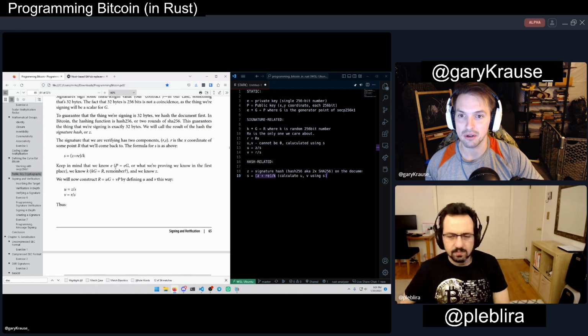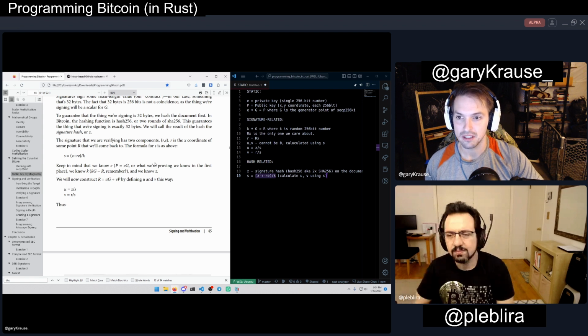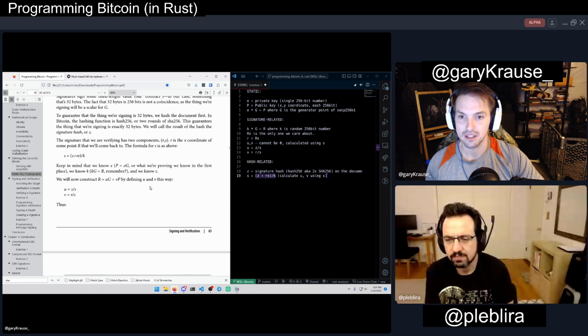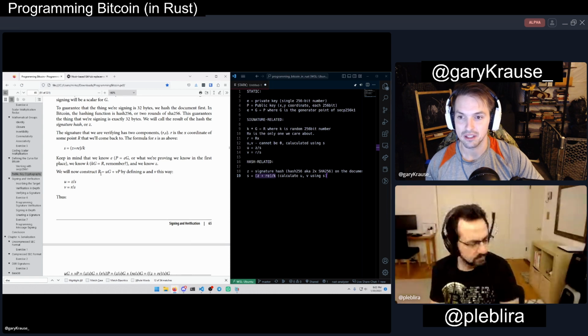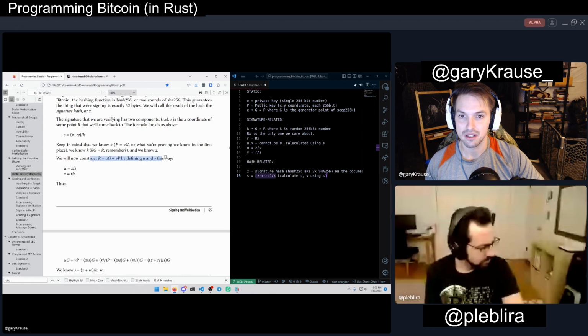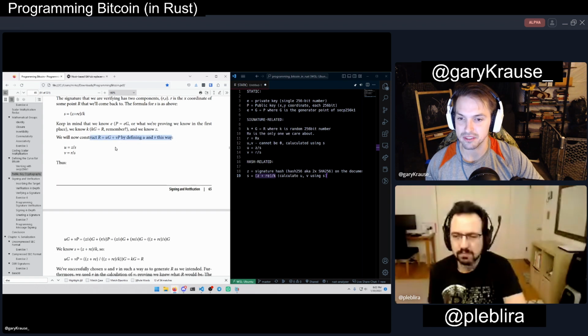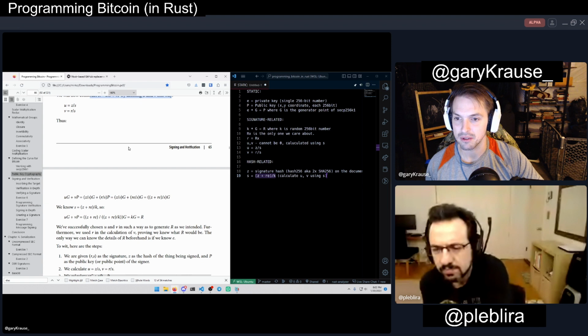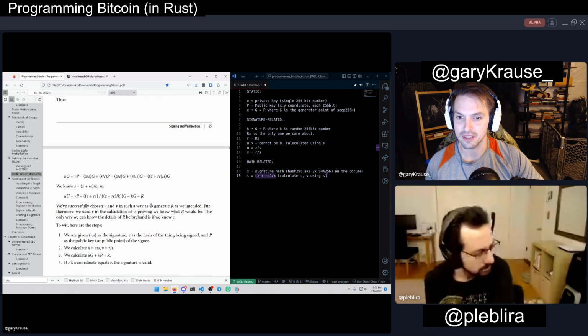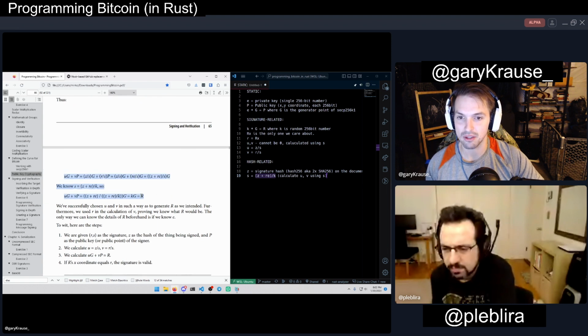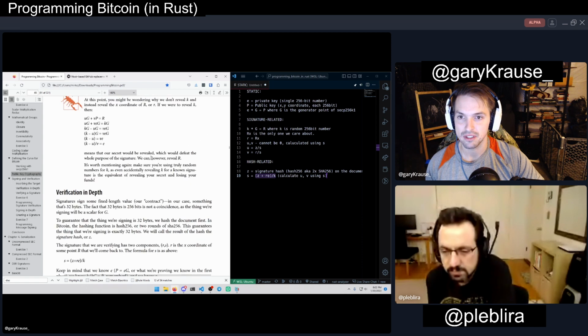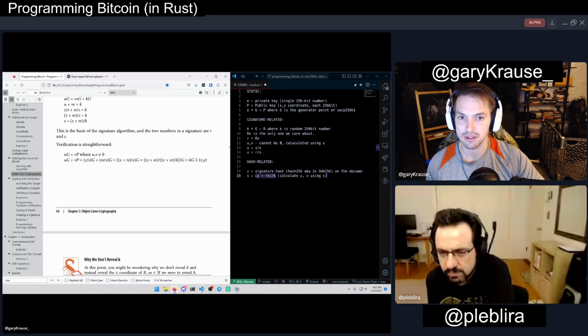Keep in mind that we know E, and we know K, and we know Z. Oh, we kind of just went over all this. This is the verification in depth. Yeah, this is that big long equation that we just did up here.